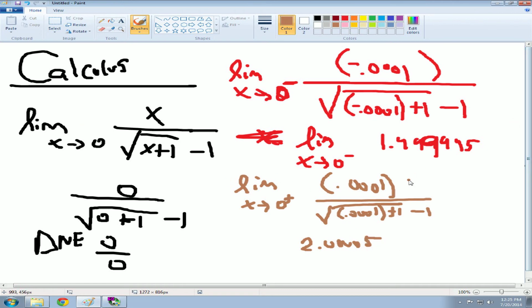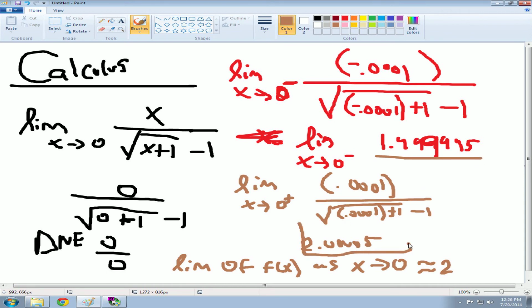So, based off of this, you can say that the limit of f of x, because this is the standard way to say it, as x approaches 0 is about 2. And this is a legit answer.